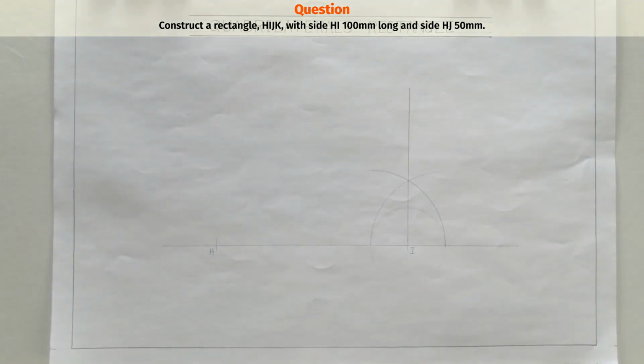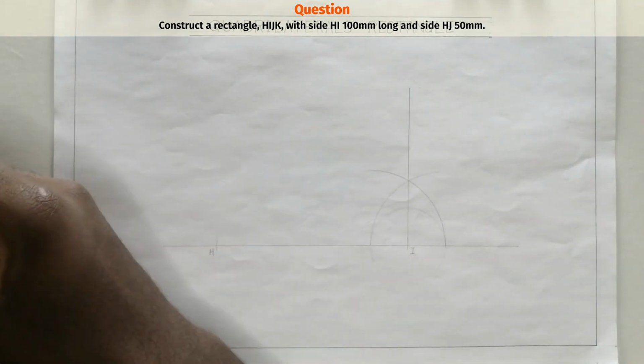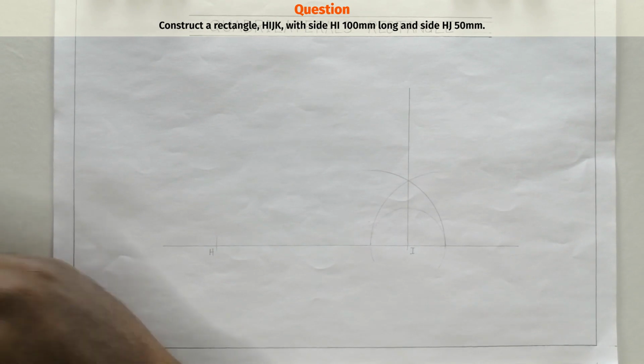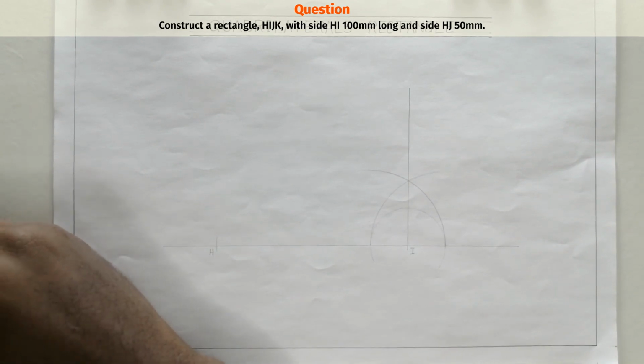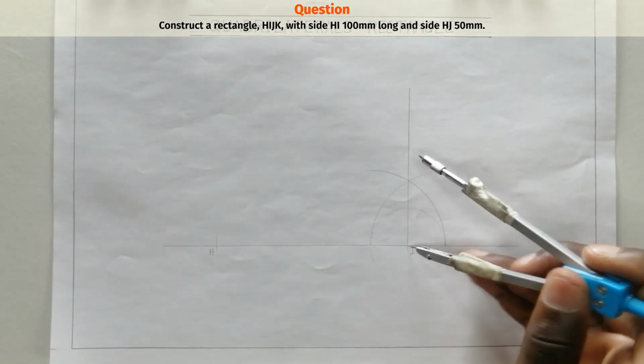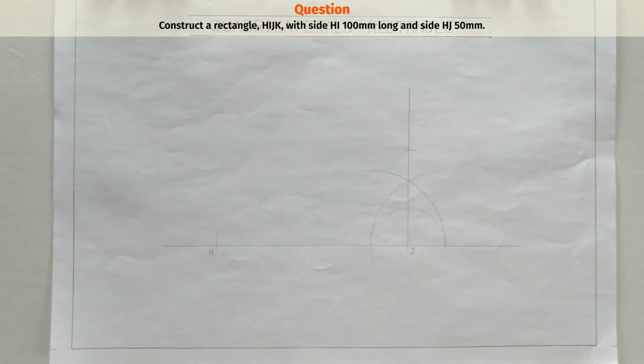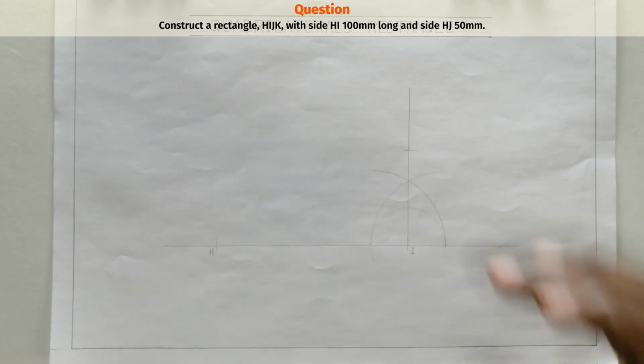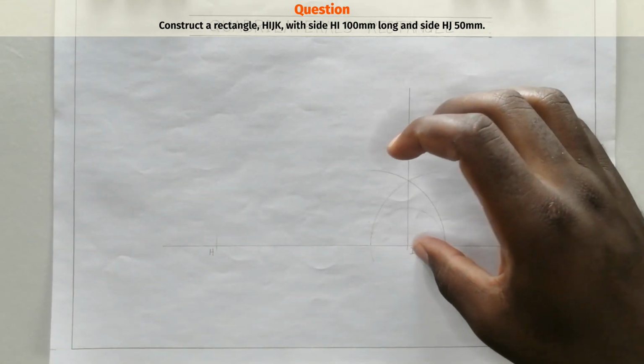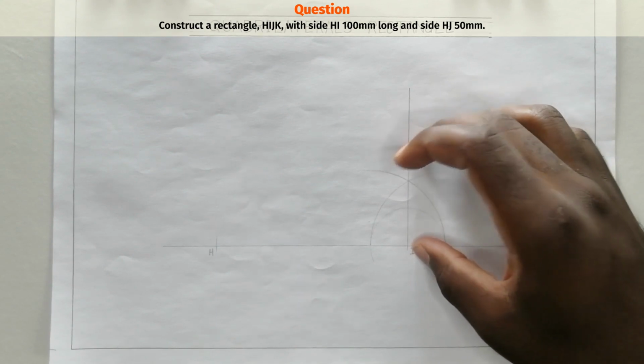We've been told HJ is 50 millimeters. So I'm going to measure 50 millimeters and mark it like that. Notice here, I've not constructed at H, so you might think, well, they said HJ is 50 millimeters. How come I'm marking IK?